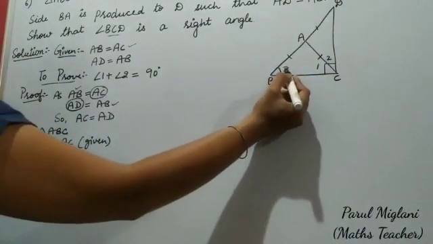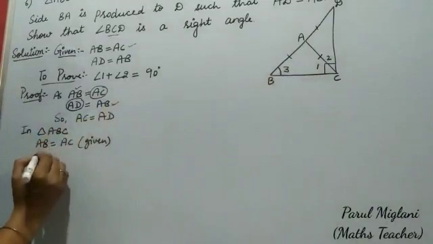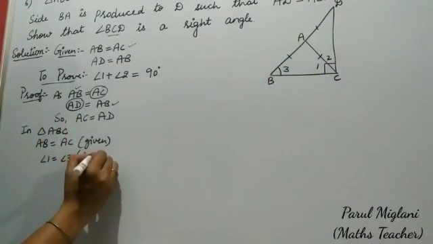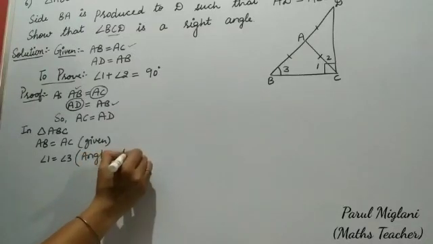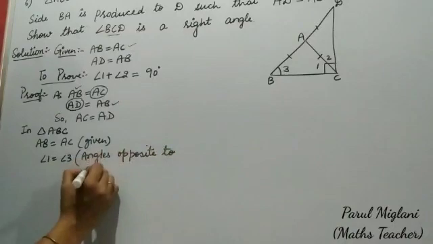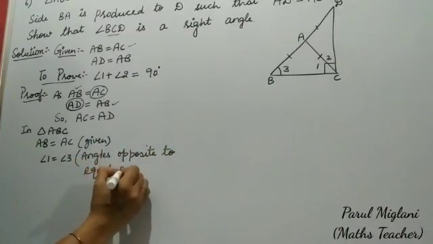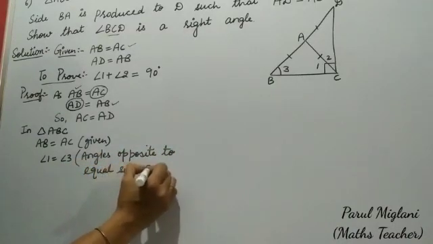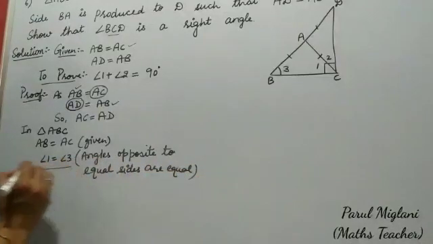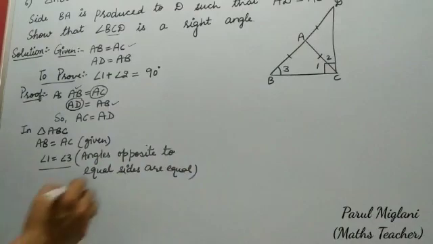Angle 1 is equal to angle 3, because angles opposite to equal sides are equal. So angle 1 is equal to angle 3.